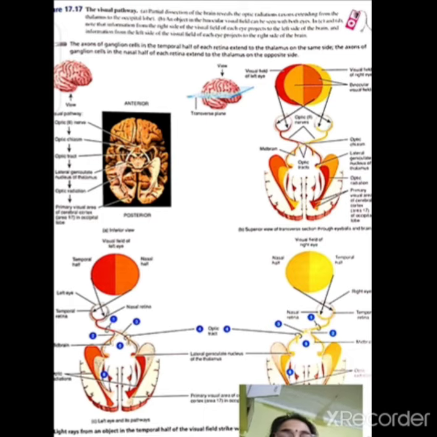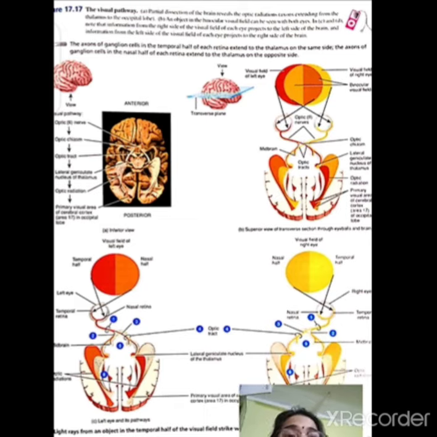The visual signals in the retina undergo considerable processing at synapses and among various types of neurons in the retina. These are the horizontal cells, bipolar cells, and amacrine cells. The pathway consists of various signals which are taken from the eyes to the brain.